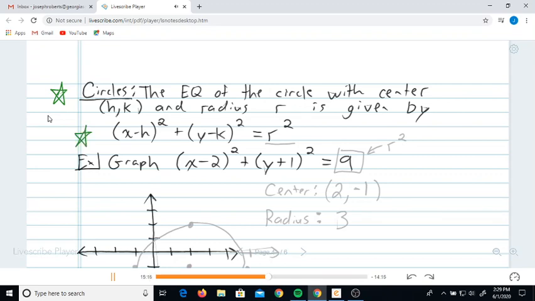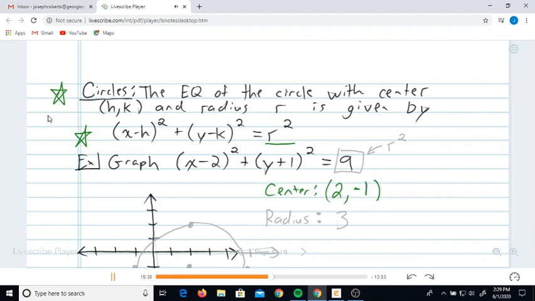So just be wary here when you're looking at this formula. Notice that for h and k, it's minus h, minus k, so the coordinates for the center are the opposite of what you see. And if you look here, it's not the radius, it's the radius squared. So if we look at this example where we want to graph it, we see minus 2, plus 1, which means our center is at 2, negative 1.